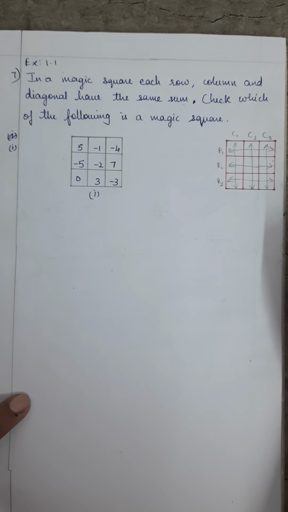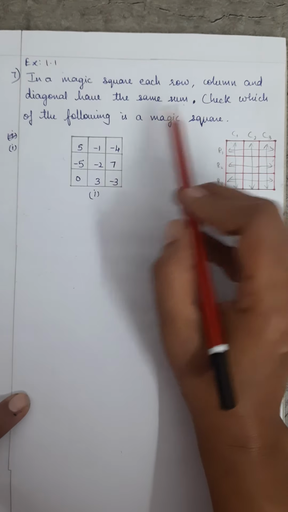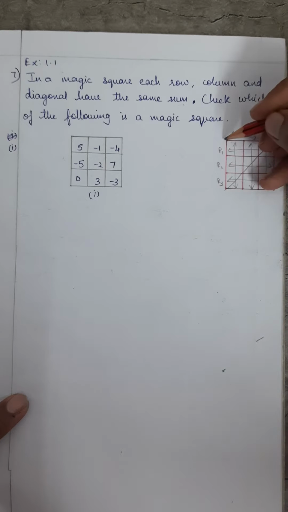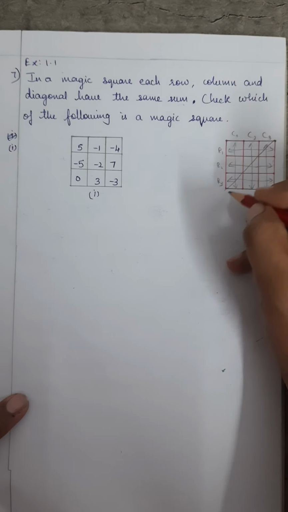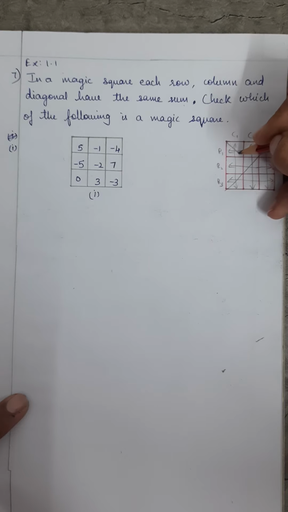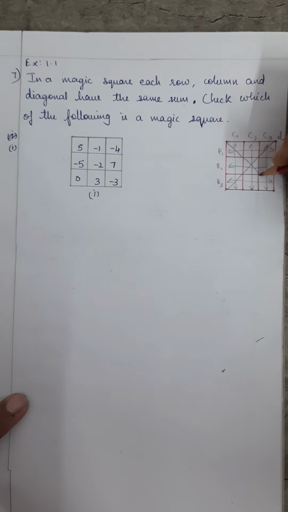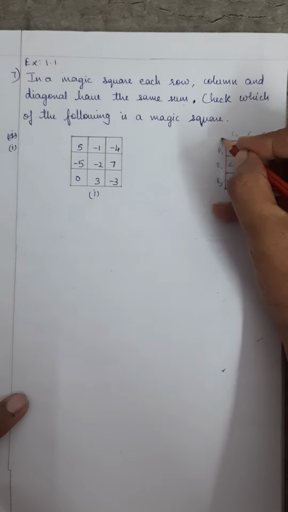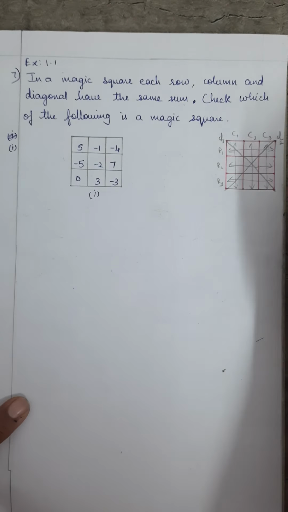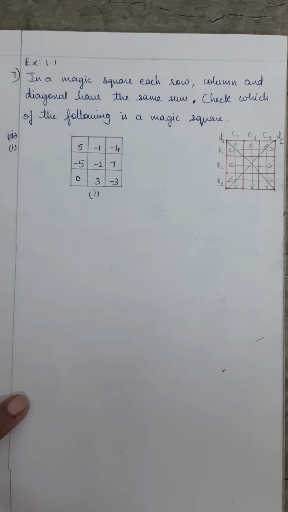And what do you mean by diagonal? Diagonal is like this. This is one diagonal and the other diagonal is here. We can mention these as D1 and D2. So these are the rows, columns and diagonals.